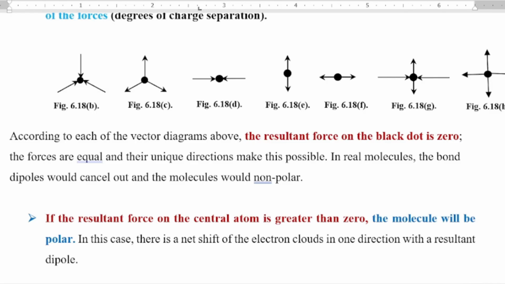In all of these cases, the central atom will not move, and therefore the resultant force on it will be zero. In such a case, the molecule will be nonpolar because there is no net shift of the electron cloud in any direction.